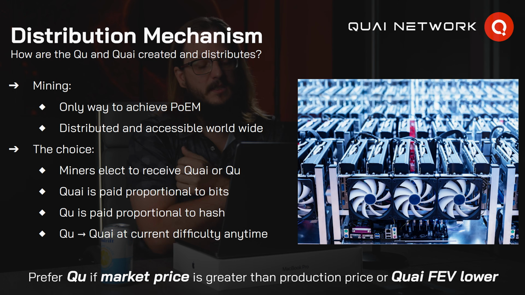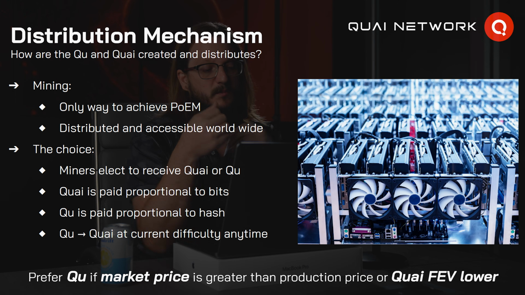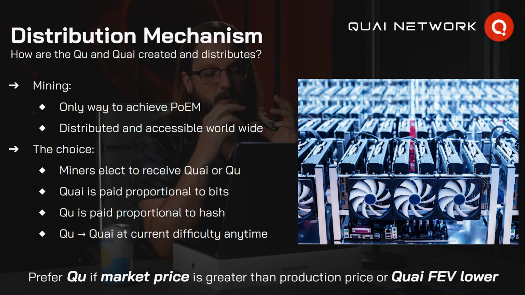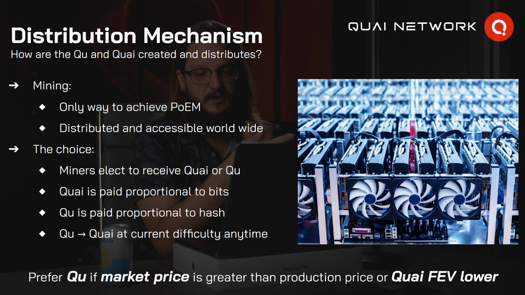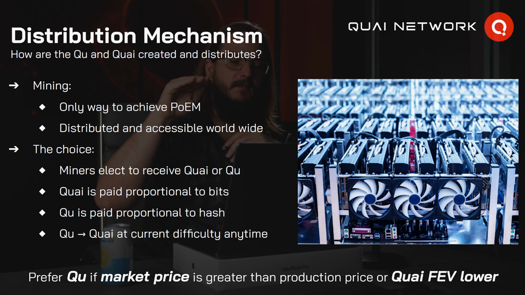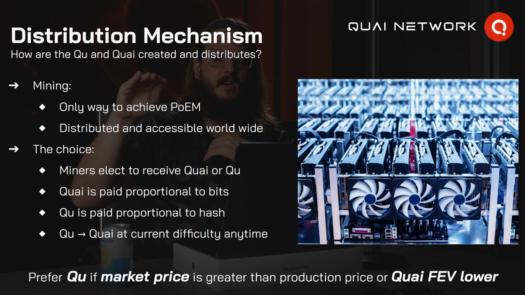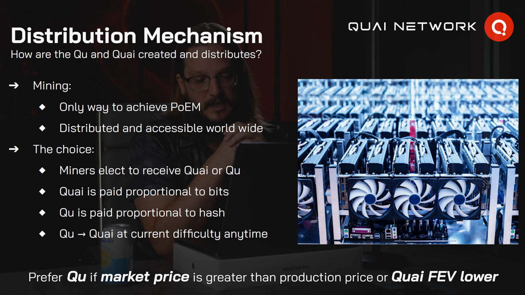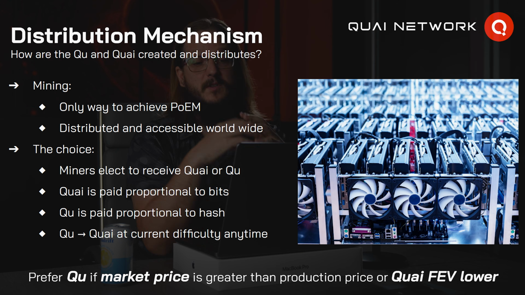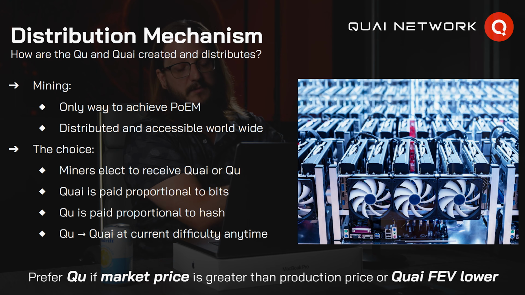So what this does is create a mechanism whereby Q will achieve a price in the market which is related to the price of production of a hash, given these options to the miners. So with those options, you get this concept that Q is now going to be the production price of a hash, and Quai is going to reflect the growth and size of the network.